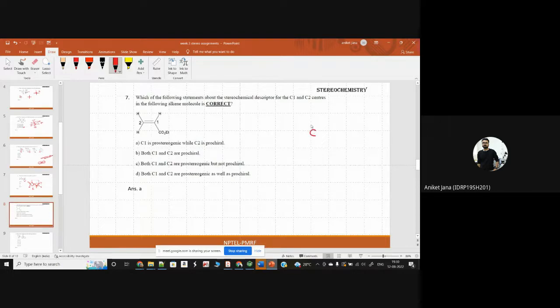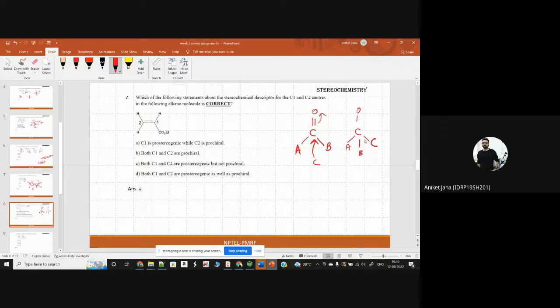If we take this, it is not a stereogenic center. But if we add some group here, for example, I am showing, then it will become a stereogenic center, right?